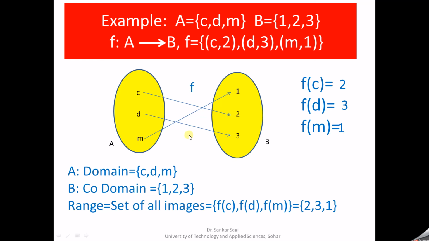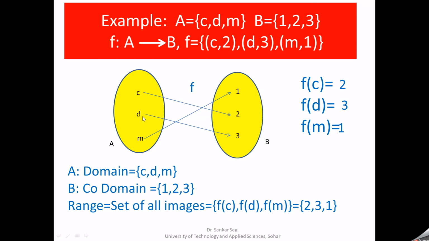First we verify whether this satisfies the conditions of a function or not. From the definition of the function, every element of the first set should have an element in the second set, which is its image, assigned to the element of the first set. So c has an image, and it is only one image, 2.